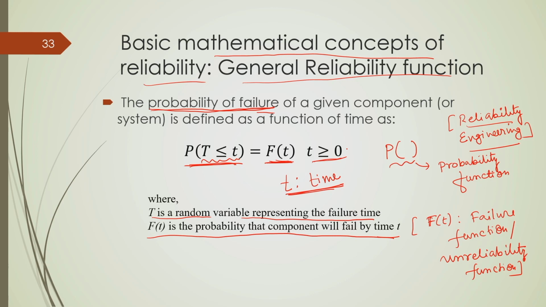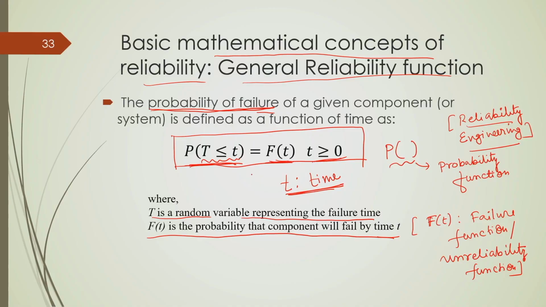So, this expression ultimately represents the probability of failure, also known as the failure function, which represents that a component may fail before time t, at any particular instant of time, and the probability of that failure is represented by this failure function.